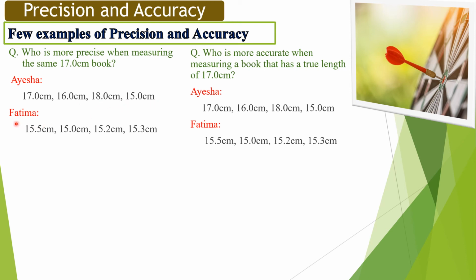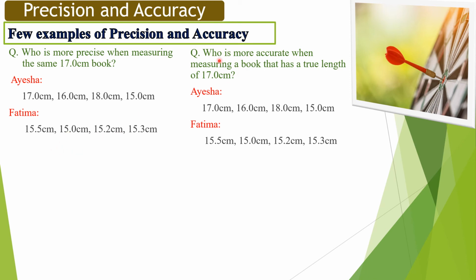Measured values of Fatma's experiment are 15.5 centimeter, 15.0 centimeter, 15.2 centimeter, and 15.3 centimeter. As you can see, the measured values of Fatma's experiment are closer to each other. That's why Fatma is more precise when measuring the same 17.0 centimeter book.